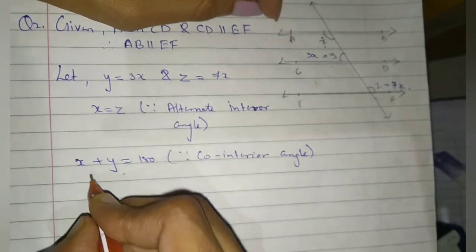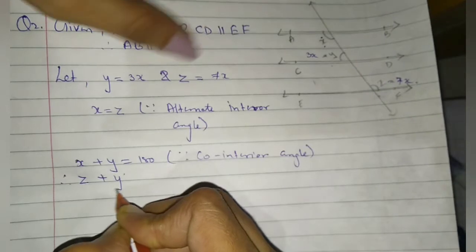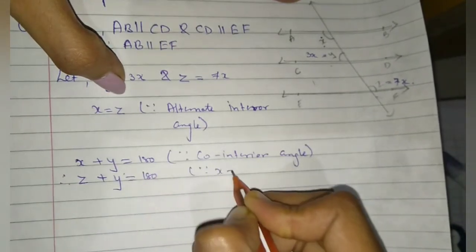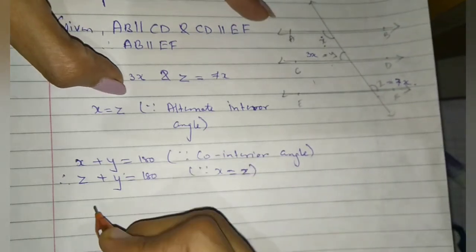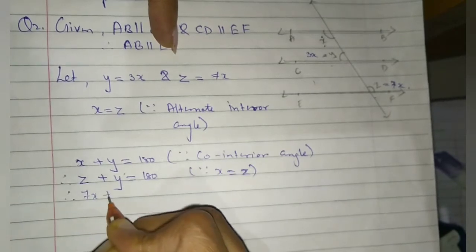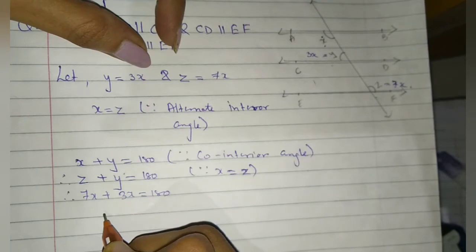Now instead of x I can write z. So z plus y equal to 180. Why? Because x is equal to z. Now instead of z we write the value, which is 7x, plus y is 3x, equal to 180.